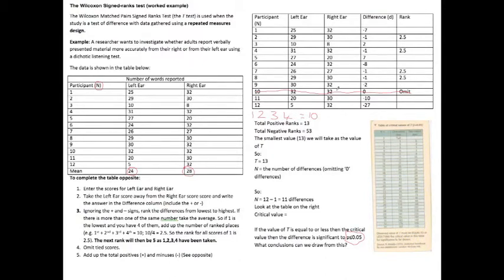There are 4 of them, so we divide by 4, and that gives us 2.5. We're going to put 2.5, 2.5, 2.5, 2.5.